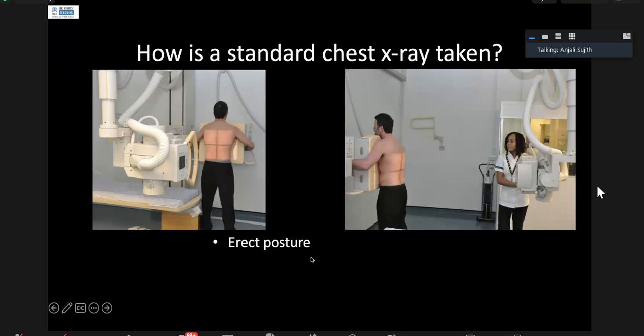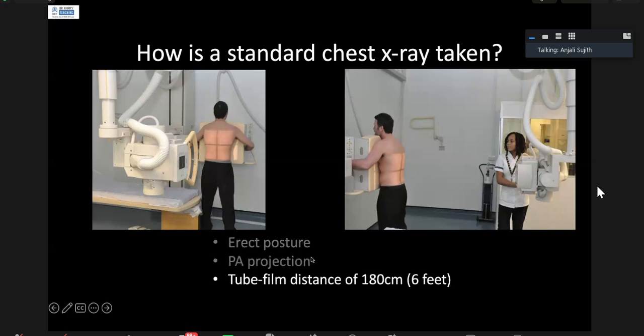It's taken in the erect posture, and the tube to film distance is fixed, that is 6 feet or 180 centimeters. The patient has to hold his breath in full inspiration at the time the X-ray is taken. When all these 4 criteria are satisfied, we get a standard chest X-ray.